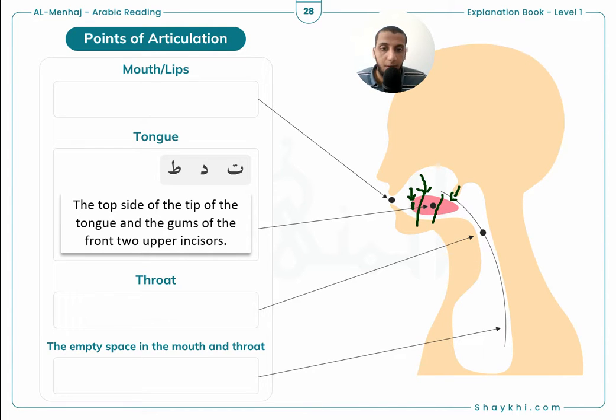The top side of the tip of the tongue and the gums of the front two upper incisors.